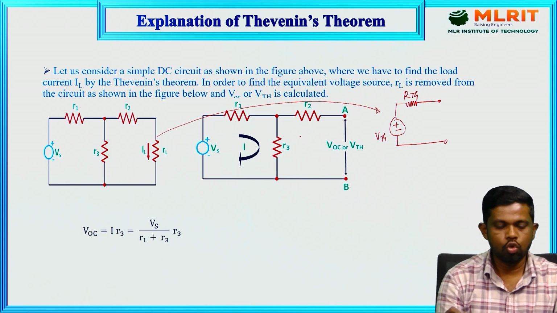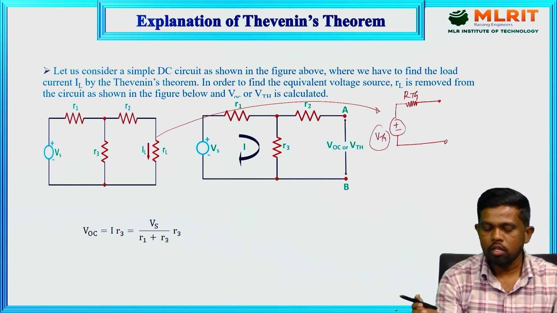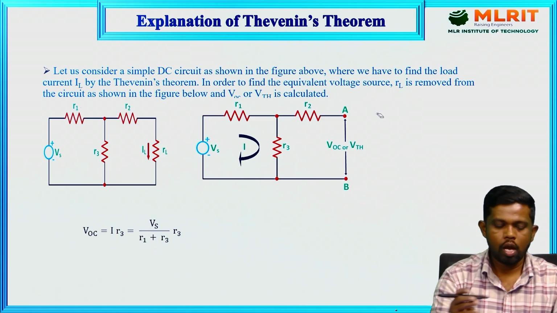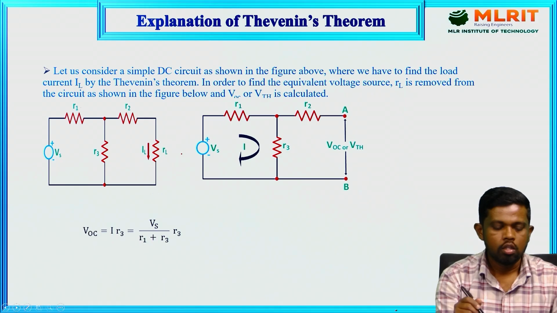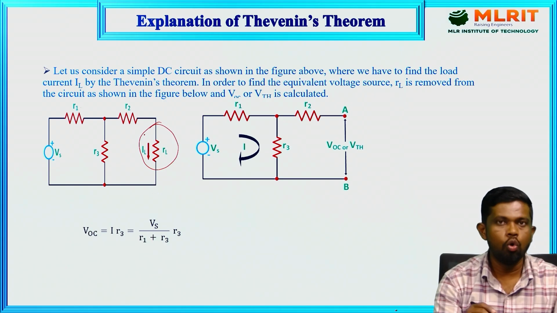First, let us see how to get the VTH value. We can go through the same circuit, having the voltage source and R1, R2, R3, and here RL. To determine the VTH value of this network, we simply disconnect the load resistor.